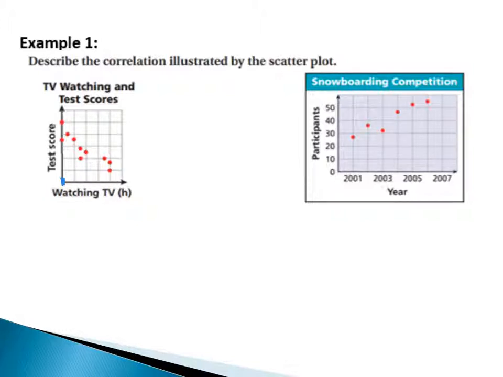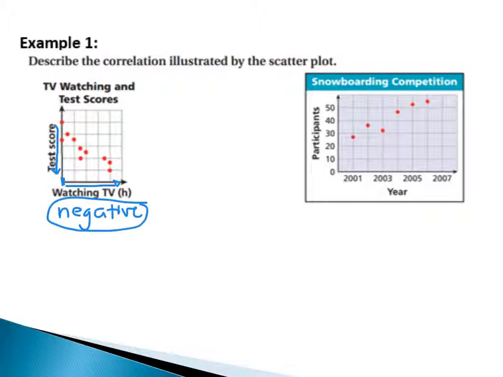Think of on a graph, your hours are going to get bigger as you watch more hours of TV. What's happening to your test scores? Well, you should see that the test scores are getting lower. So what sort of relationship would this be? This would be a negative relationship or a negative correlation. We can just simply write down negative.